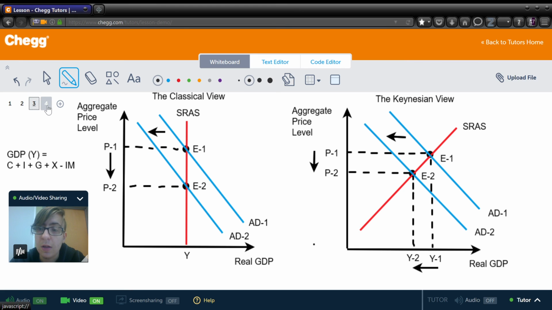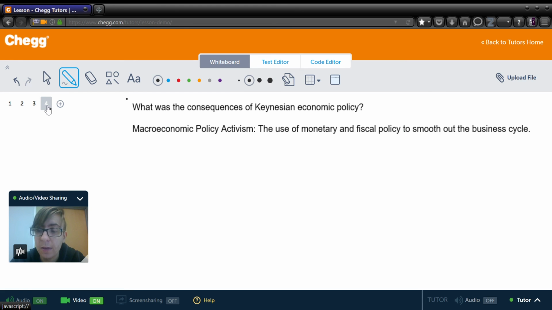The last thing I think is important to touch on is what the consequences of Keynesian economic policy were. Basically, it's this thing called macroeconomic policy activism, and that is the use of monetary and fiscal policy to smooth out the business cycle. In the past, there was macroeconomic policy activism, especially around the time of the Great Depression.